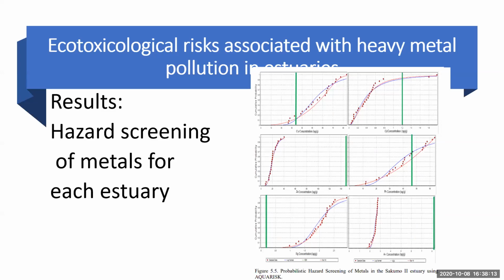When you look at the Sakumo estuary, we found that metals like copper, cadmium, lead, and arsenic were all beyond the sediment quality guidelines, apart from mercury and zinc, which were below the sediment quality guidelines.